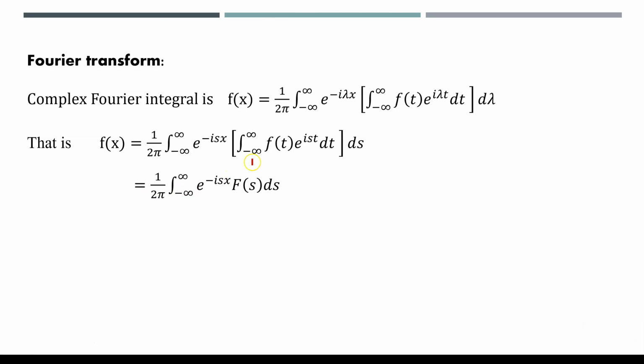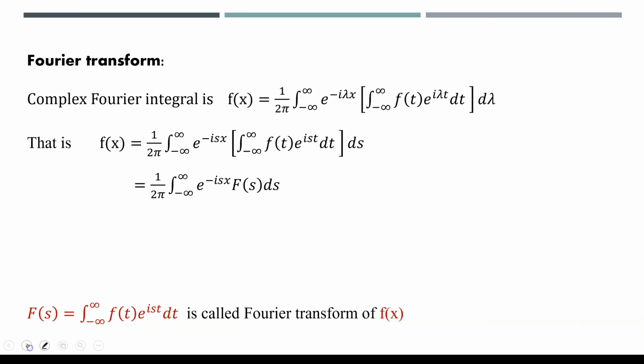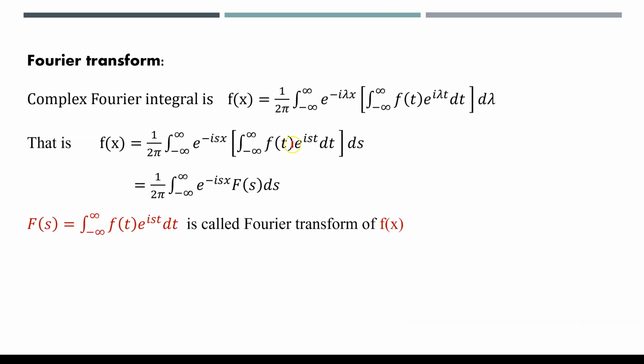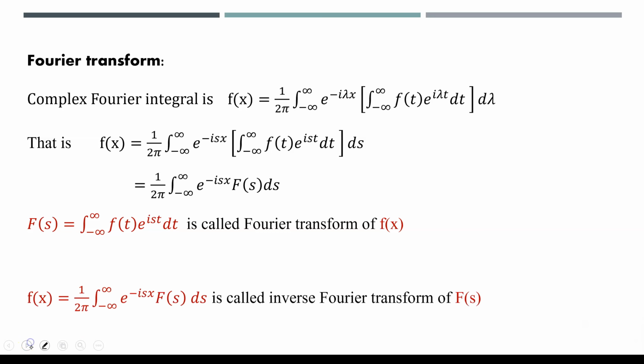Now here this is nothing but 1 by 2 pi integral minus infinity to infinity e power minus isx into F(s) ds. What is F(s)? F(s) is nothing but integral minus infinity to infinity f(t) e power ist dt, which is called the Fourier transform of the function f(x).